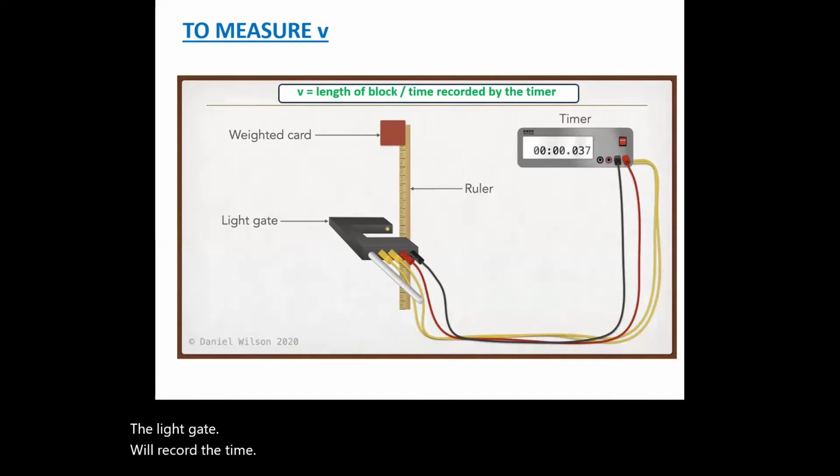Use the formula V is equal to length of block upon time recorded by the timer. Repeat the trial 3 times and take an average.